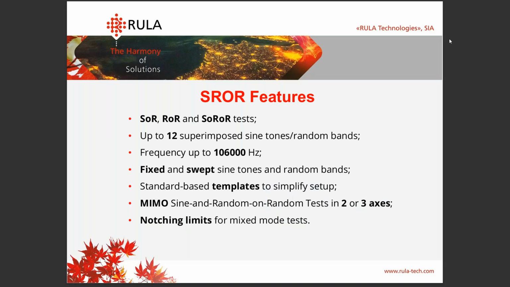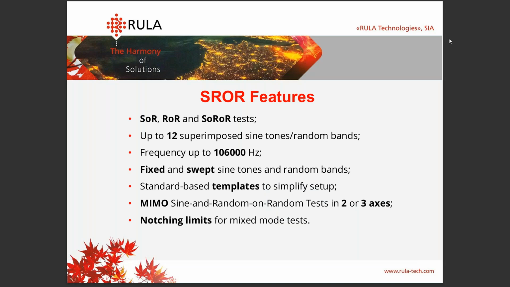Sine random on random test includes the following types. Sine on random. In the course of this test, the sum of random signal and sine waves of fixed or swept frequency is delivered to the shaker. In the course of a random on random test, several random signals are delivered to the shaker, so the base signal and superimposed signals.